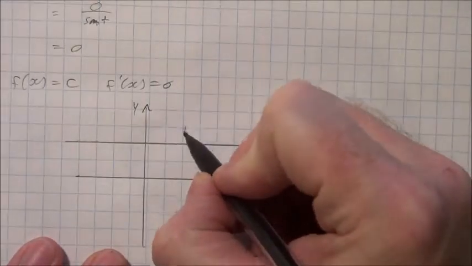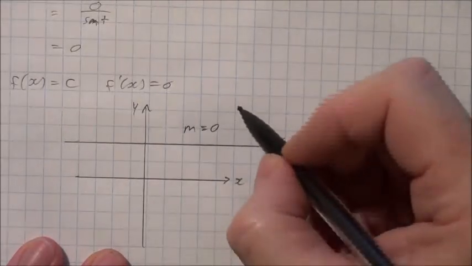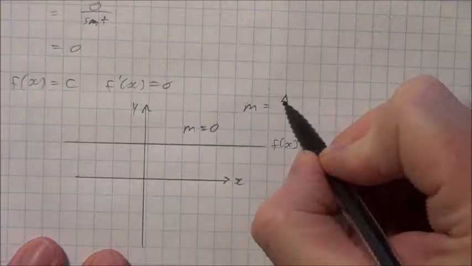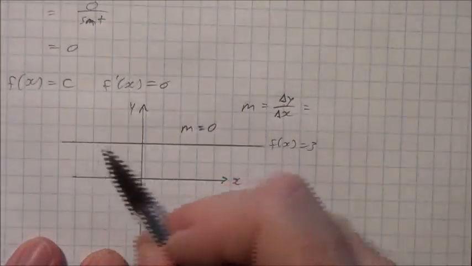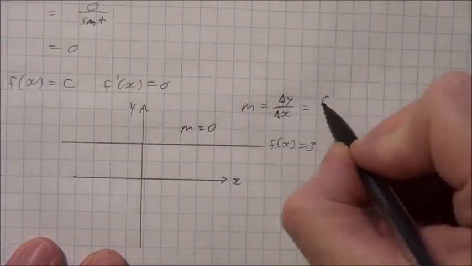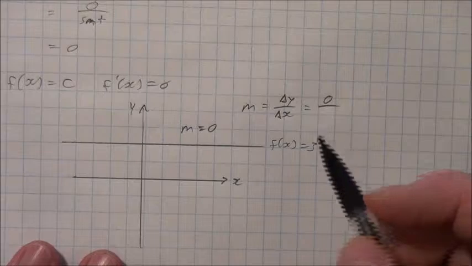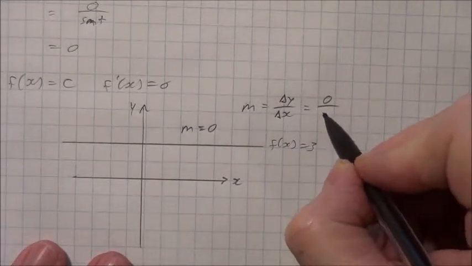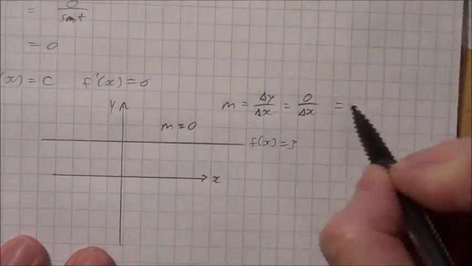So the gradient is actually 0, because if we're to look at gradient as delta y over delta x, there is no change in y anywhere along here, so the delta y is 0 over all of this delta x, whatever it may be. It could be 1 or it could be 1,000, it doesn't really matter. There's some sort of value down here, and 0 divided by anything is just 0 anyways.